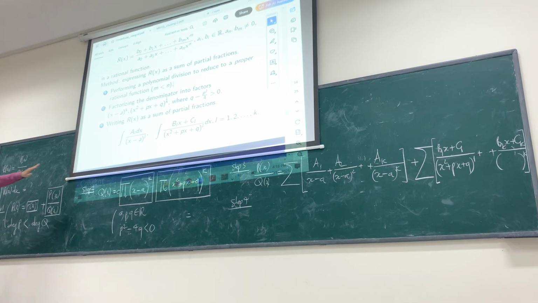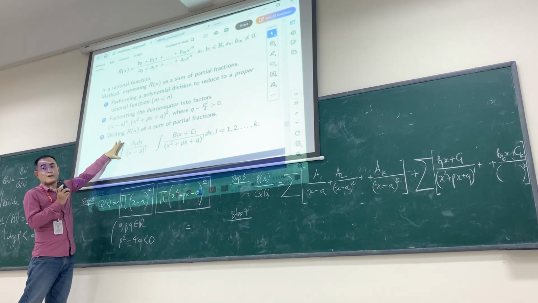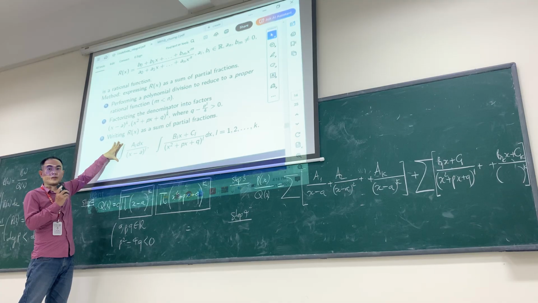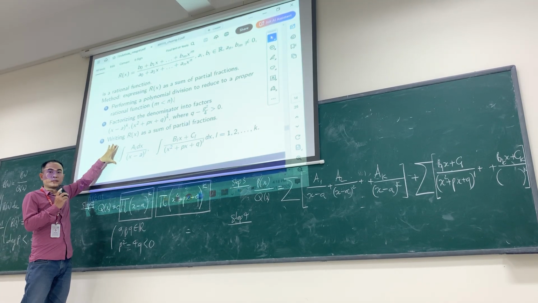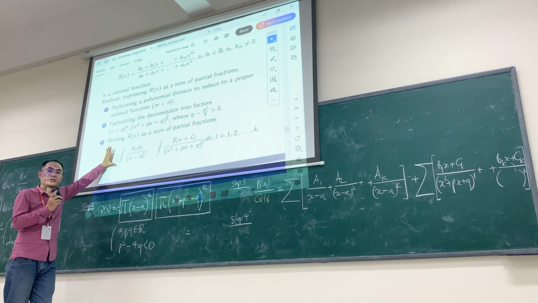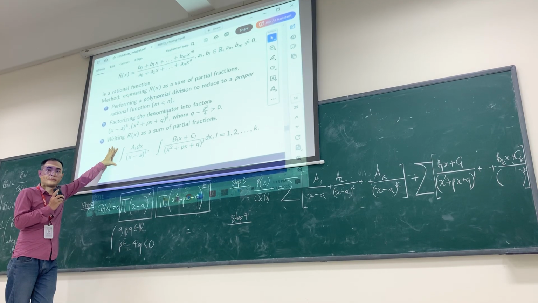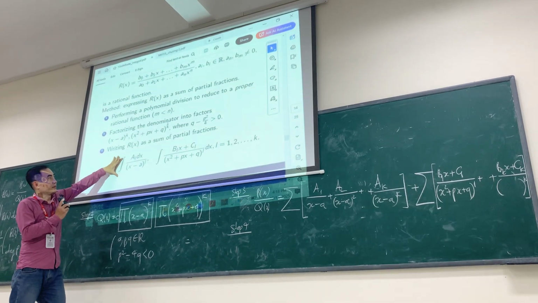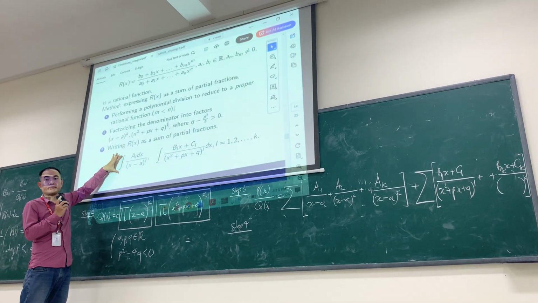Okay, step 4. We estimate some integral of simple function. Estimate the integral here.